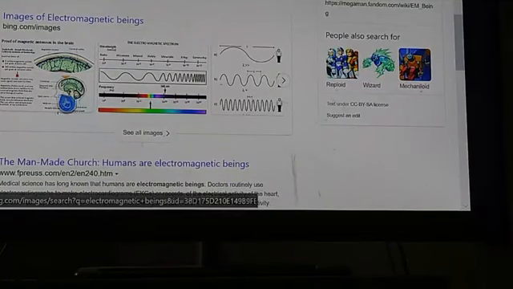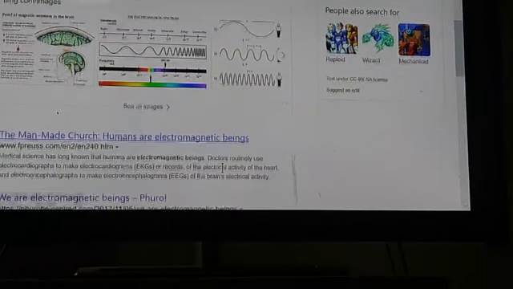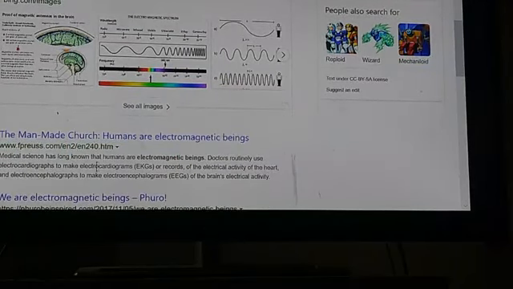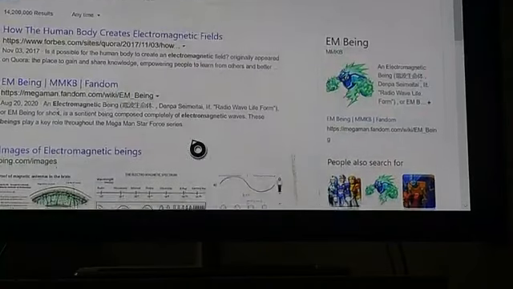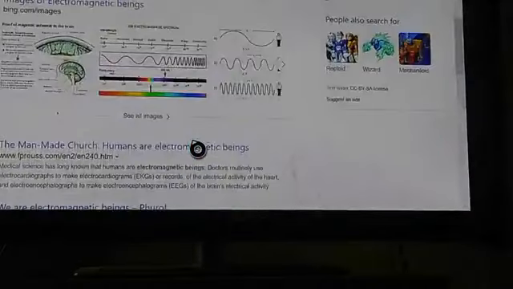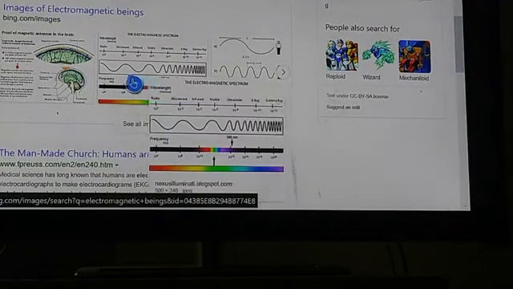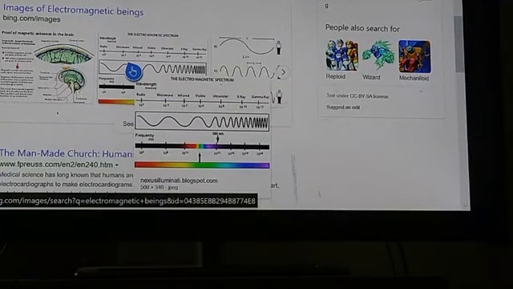Ionizing radiation. The man-made church. Humans are electromagnetic beings. Medical science has long known that humans are electromagnetic beings. Boom, it's all there. It's the science. Want to see some more? Look, check this image out so you can understand it better.